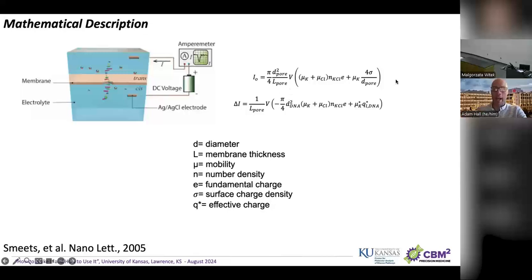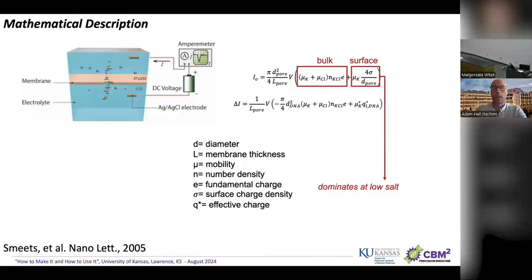So there's a lot going on here. The first part of these are basically just geometric factors, which take into account the size of the pore, the length of the pore, that kind of thing. But I do want to focus just briefly on the stuff that's in the parentheses over here, because this is actually broken up into two pieces that are both important to understand.